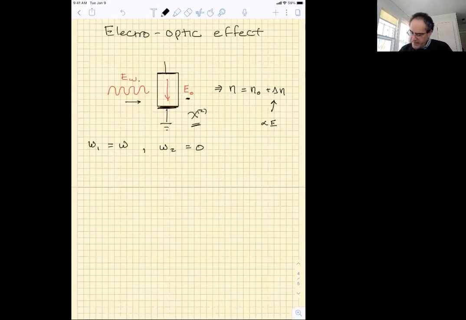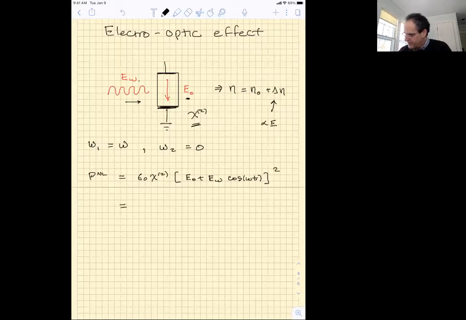Okay, so now the nonlinear polarization will be equal to epsilon 0 times chi2 times the electric field squared, where the electric field is the sum of the DC field and the oscillating field.